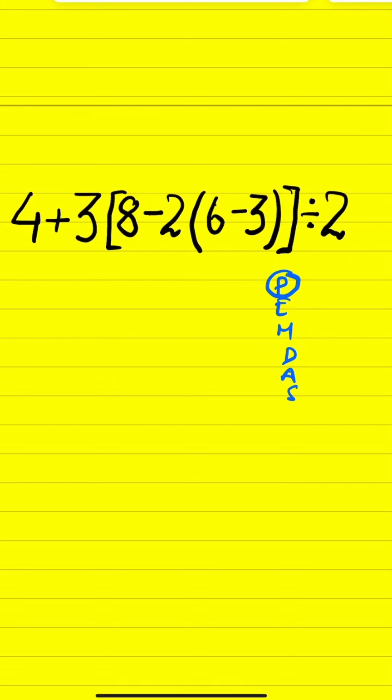In parenthesis also, we first solve the smaller bracket, then the curly bracket, and then the box bracket. So here we have two brackets. There is no curly bracket. So first we will solve the smaller bracket, then the bigger bracket, and then the rest of the operations.